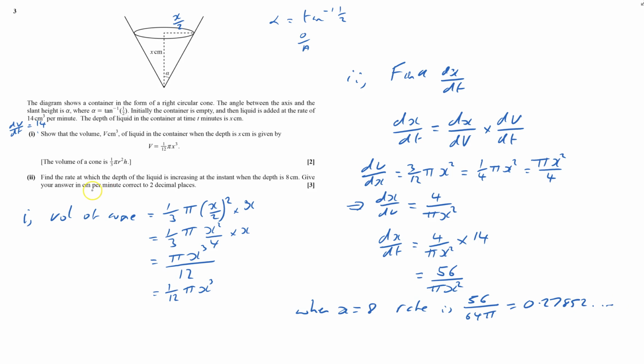It wants it in centimeters per minute, correct to 2 decimal places. So that equals 0.28 centimeters per minute. And that's question 3 done.